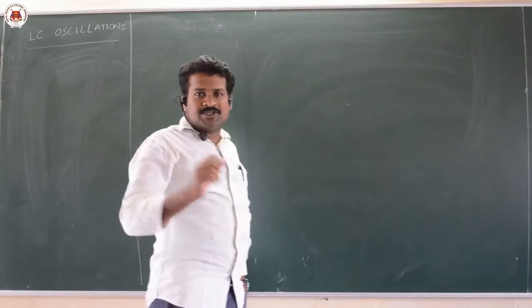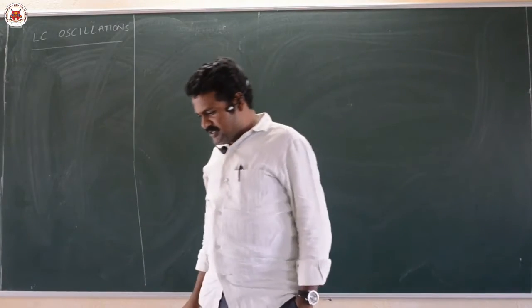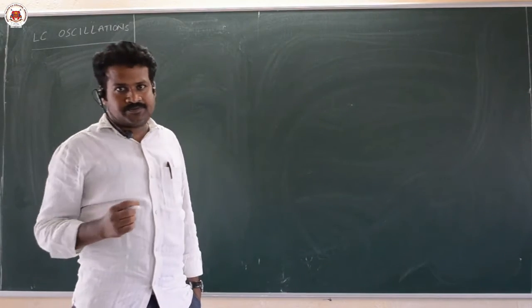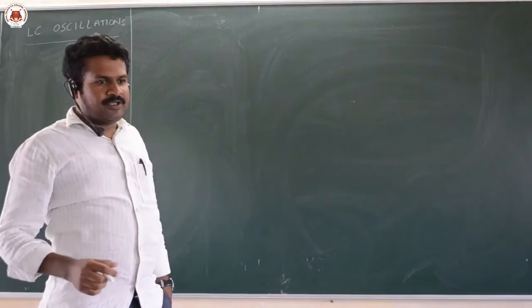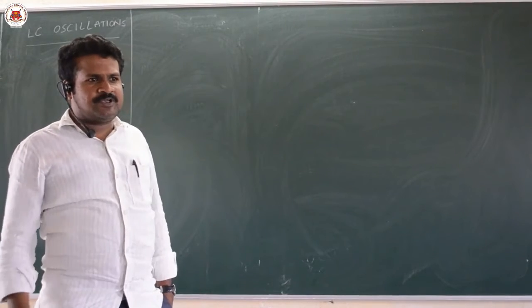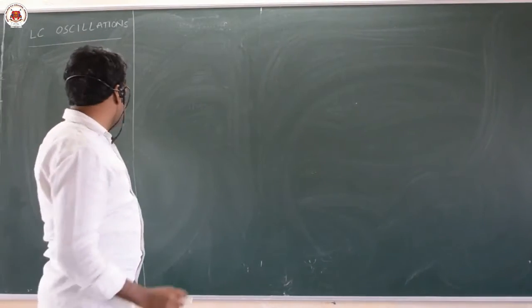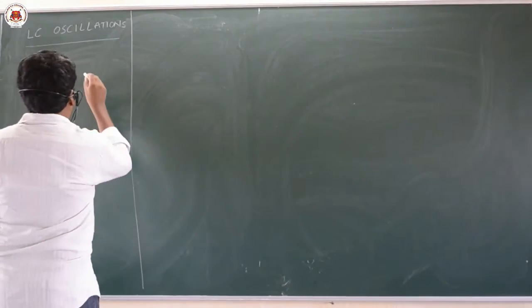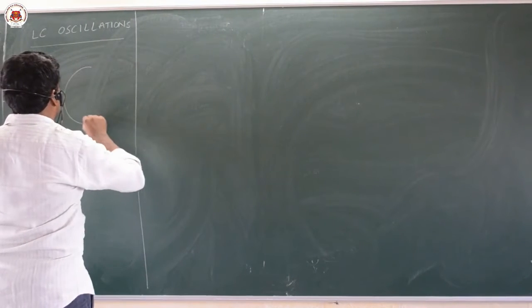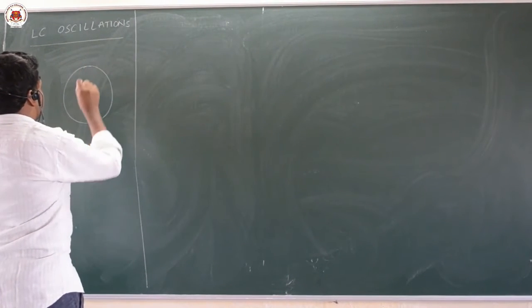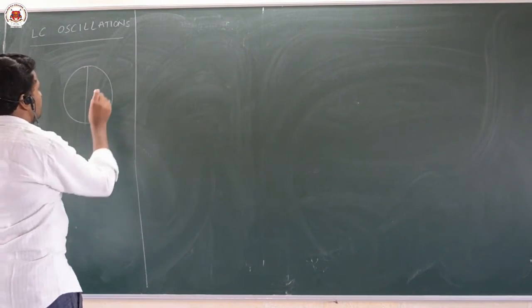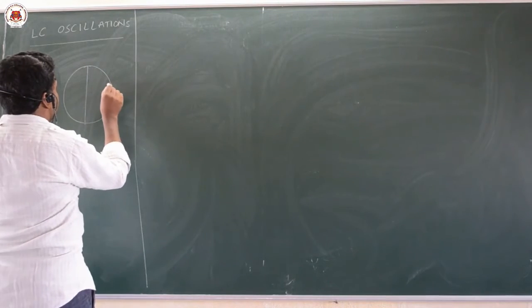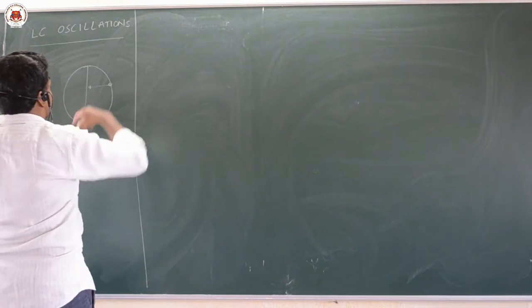In mechanical oscillations, displacement will vary. If you go back to your first year and remember, the foot of the perpendicular drawn onto the diameter of a body revolving in a circle will execute one oscillation.